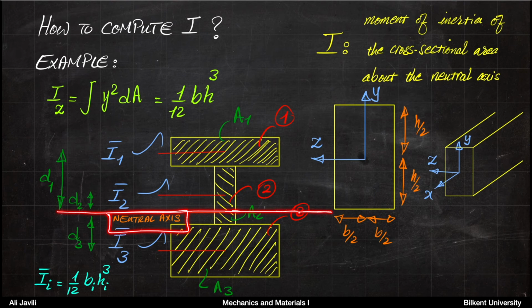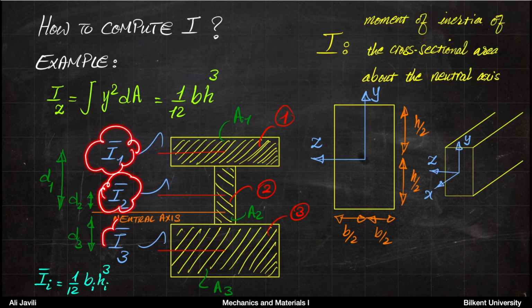So assuming that you know where the neutral axis is for the whole cross-section, you would calculate the moment of inertia for each part with respect to its own neutral axis or its own centroid, and then you add them up by considering also the distances that they have with respect to the neutral axis.